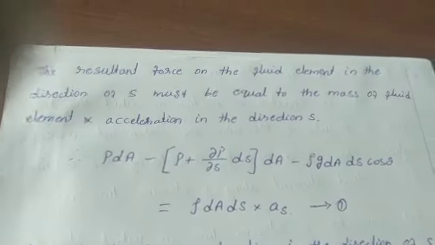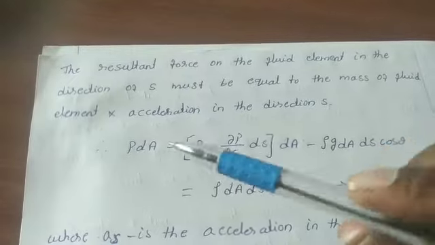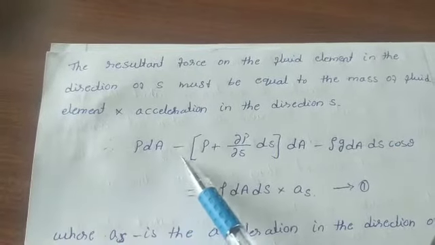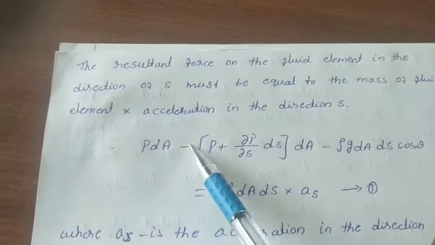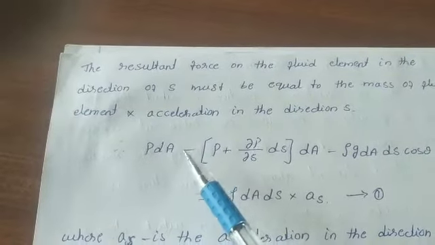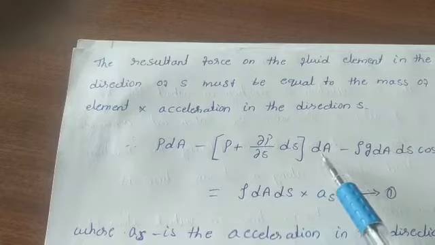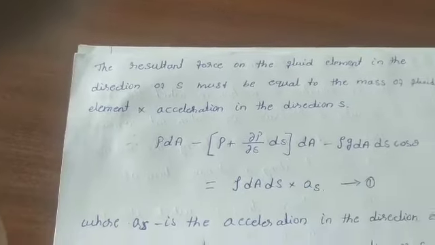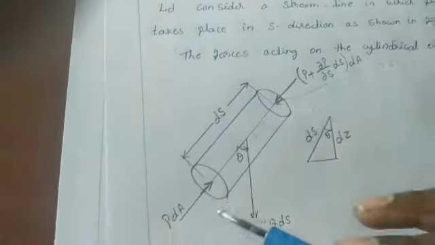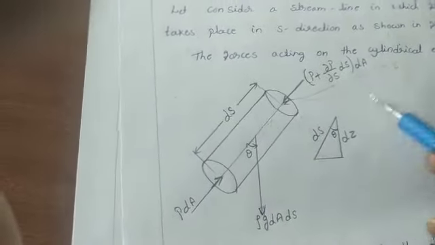The pressure force is PdA, and the minus sign represents the opposite direction, so minus of P plus dou P by dou s into ds into area. This is already shown in the figure. Look at it, this is the one: PdA minus this one.